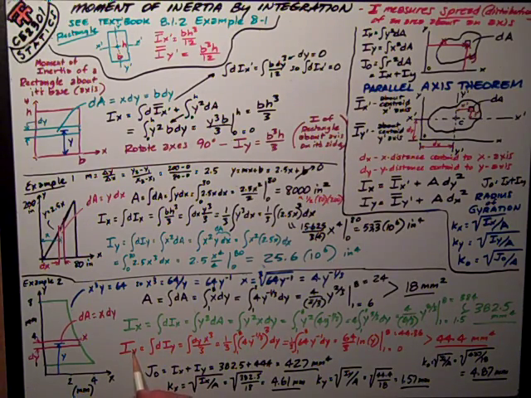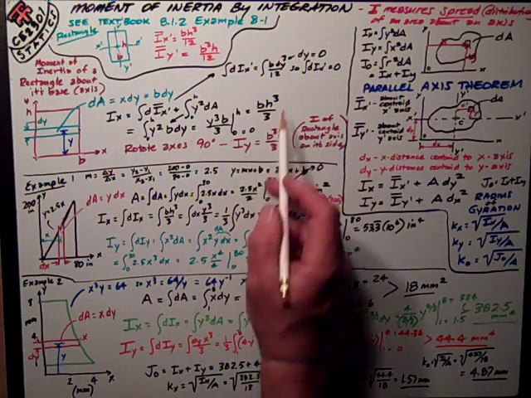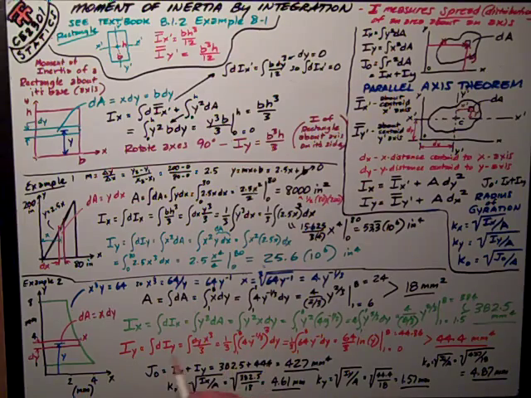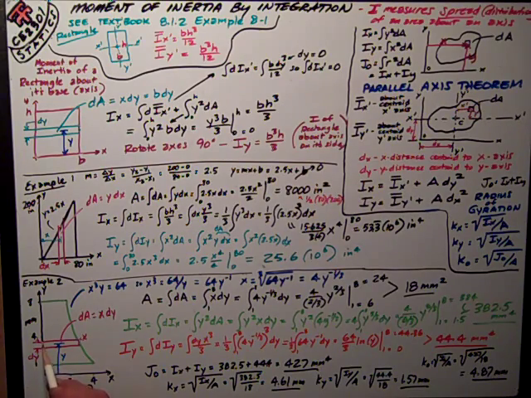Okay, now I'm going to do this Iy, and because I'm bounded by the y-axis, I'm going to use that bh cubed over 3 value that I derived up there. So Iy is the integral of dIy, and dIy is the base, or the length of the side along the y-axis, or whatever axis I'm taking moments of inertia about, which is dy in this case, times its height, or in this case width, cubed, over 3.